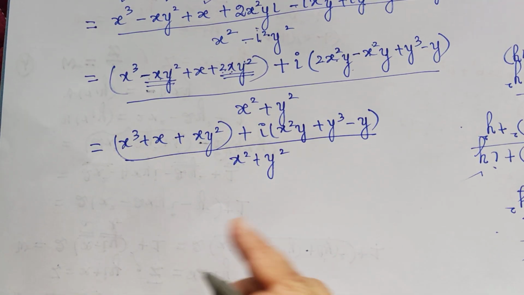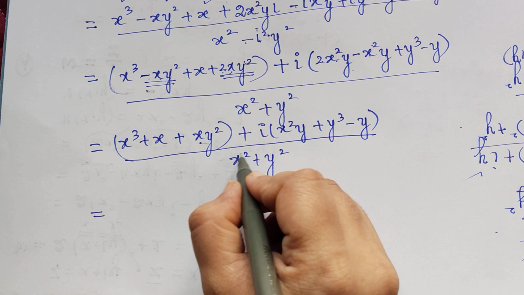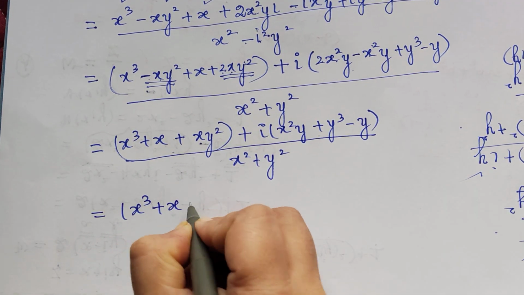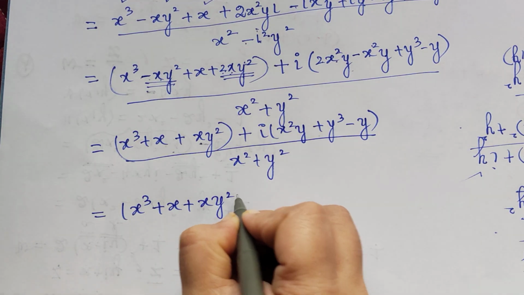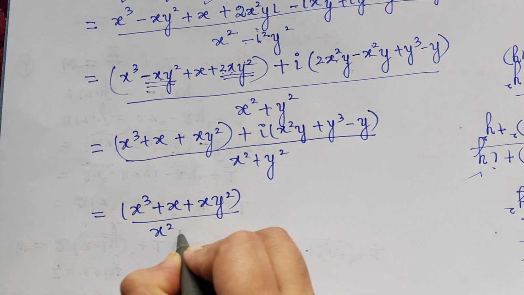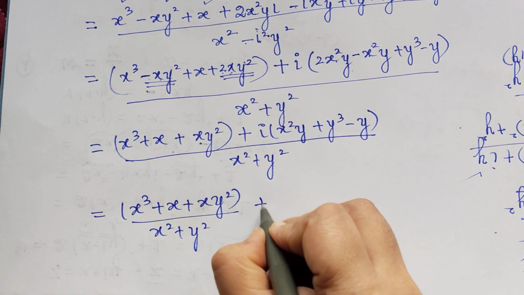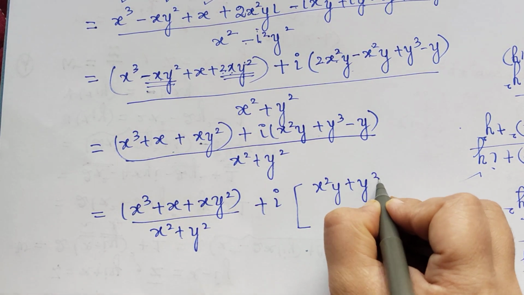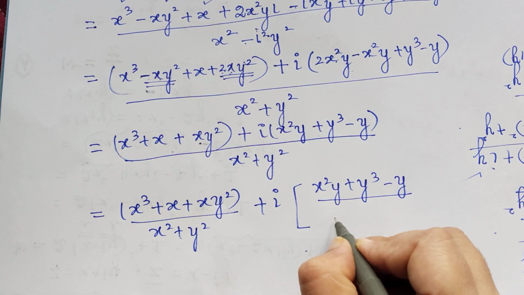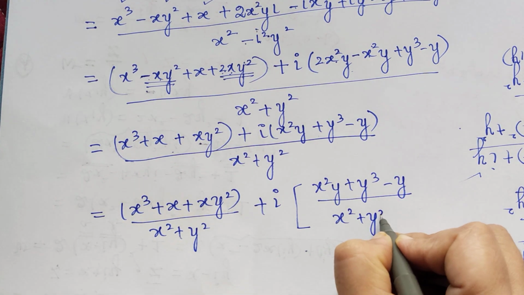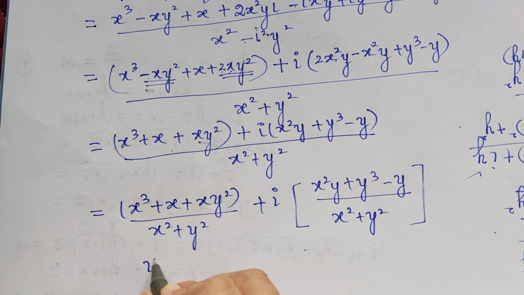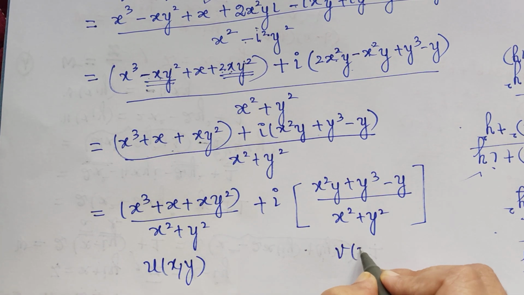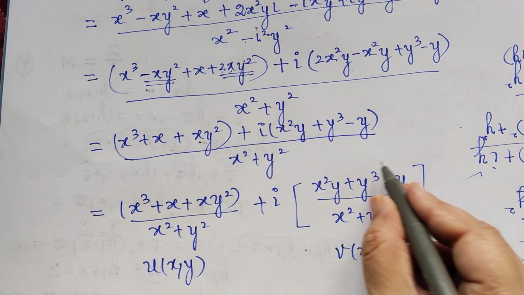Now separating the real part and imaginary part, this denominator is common to both terms, so you can write it as (x³ + xy²)/(x² + y²) plus i multiplied with (x²y + y³ − y)/(x² + y²). Therefore the real part is u of x, y, which is this, and the imaginary part is v of x, y, which is this term.